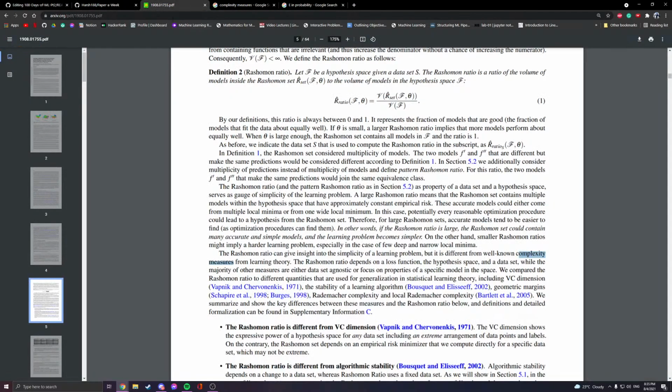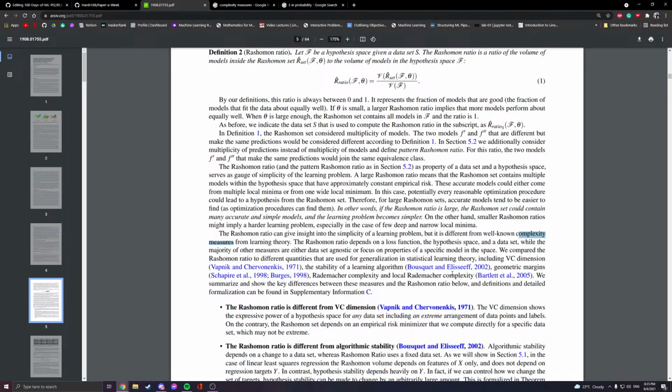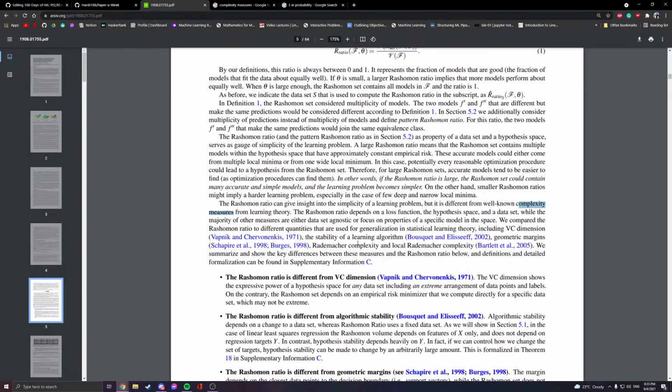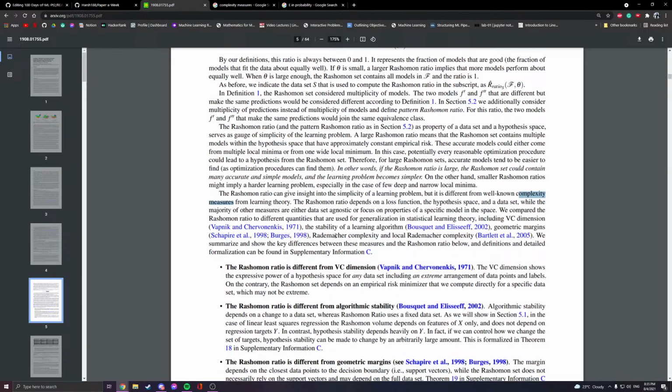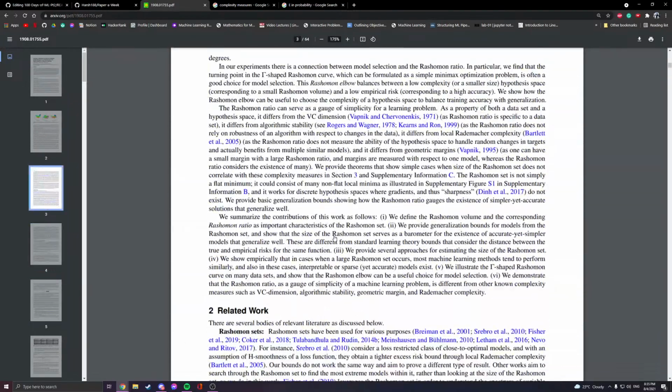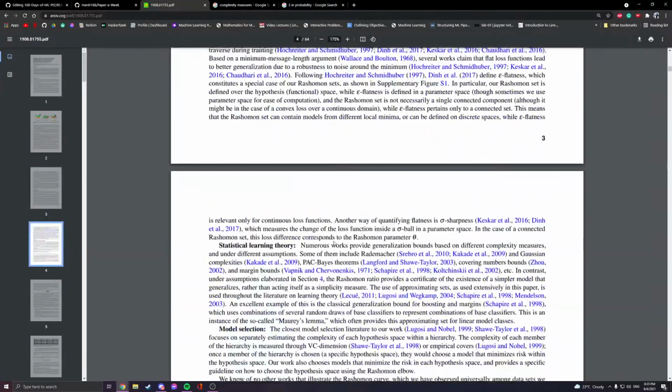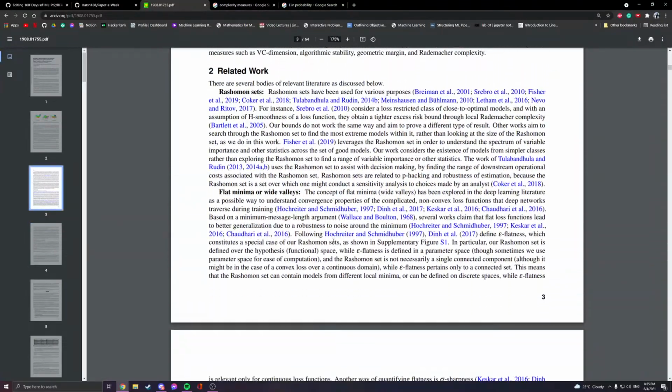Okay. It's just a definition of comparing multiple models. I think it was also introduced in related work somewhere here.